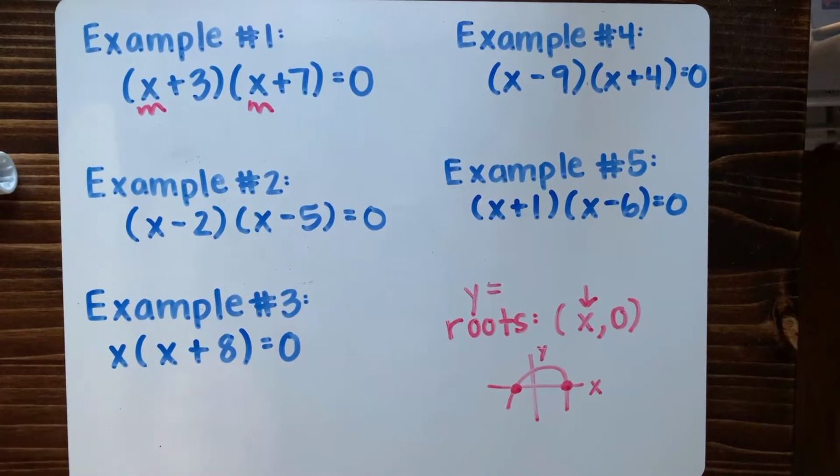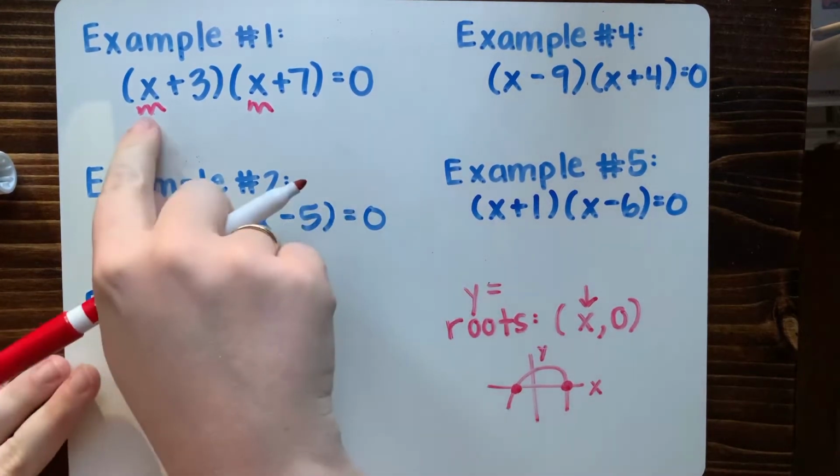So let's look at these. For example number 1, we have x plus 3 times x plus 7 equals 0. So again, factored form is having two things being multiplied by each other. Factors, like we know factors of, what are factors of 4? Those are things that multiply together to get 4. So same thing.